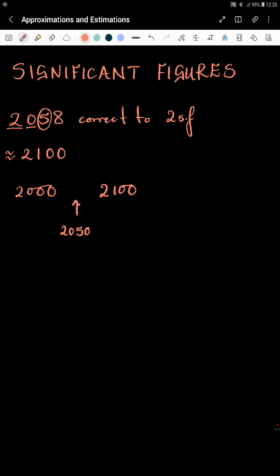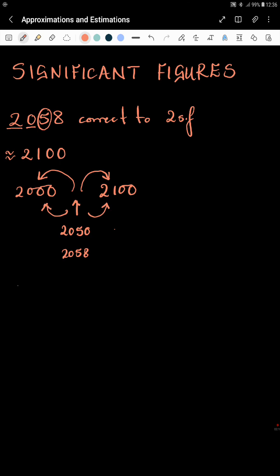So if your value is 2050, we are saying, is it closer to 2000 or is it closer to 2100? And in this case it's actually 2058, which means it's much closer to 2100 than it is to 2000. Okay, so I'm going to look at another example.